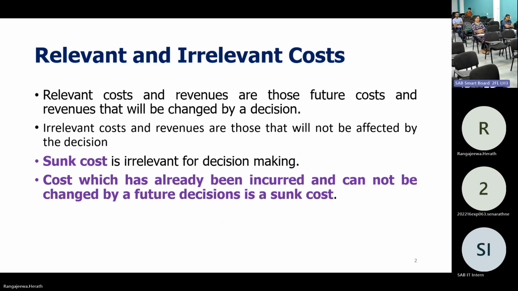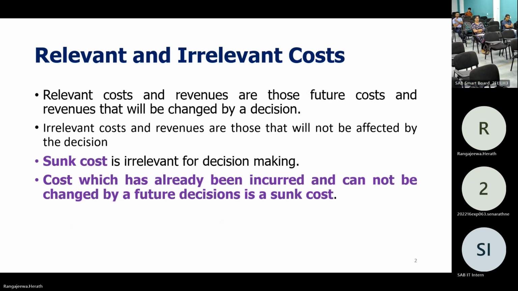Or say the current market price for this material is 160. In the market, you can sell it for 160. We purchased for 200. Now market price of this material has come down. So we want to decide whether we are selling this to this outside customer for 150 or not.